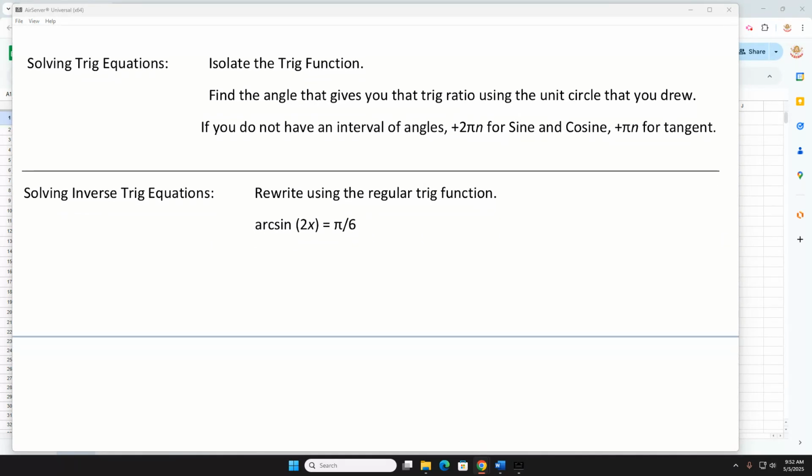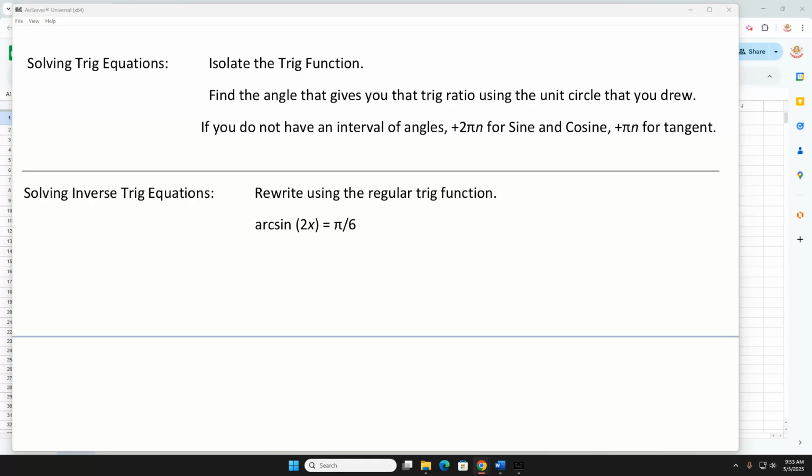All right, so it's also possible that you'll have a trig equation. You will definitely have at least one of these, either a trig equation or an inverse trig equation. So for the trig equation, you're going to isolate the trig function, so get the tangent by itself or the sine or whatever. Then you're going to find an angle that gives you that trig ratio from the unit circle that you drew.